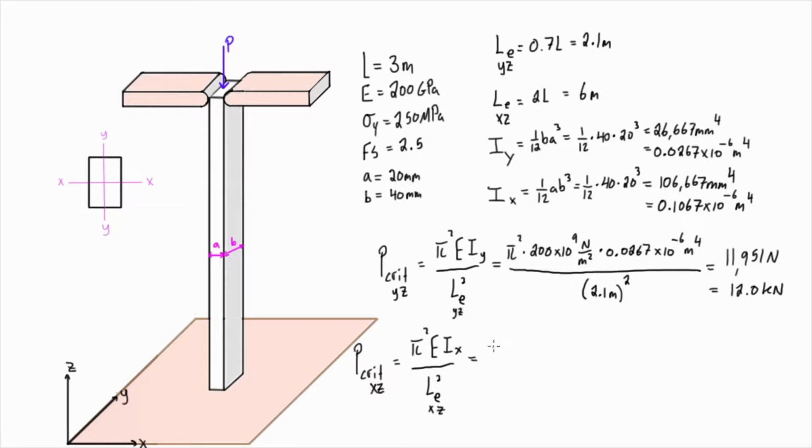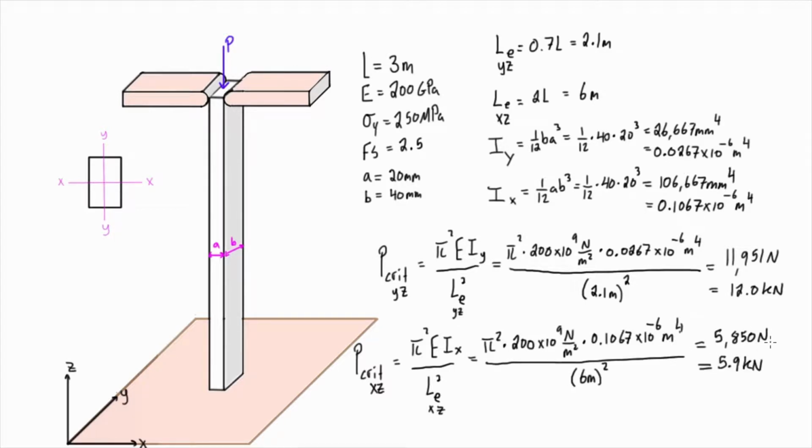When we plug in all the values that we already have, we find that to be 5.9 kilonewtons. And 5.9 is smaller than 12, so the actual P critical that we're going to get for this column is 5.9 kilonewtons. We're going to be getting buckling in the XZ plane before we get buckling in the YZ plane.